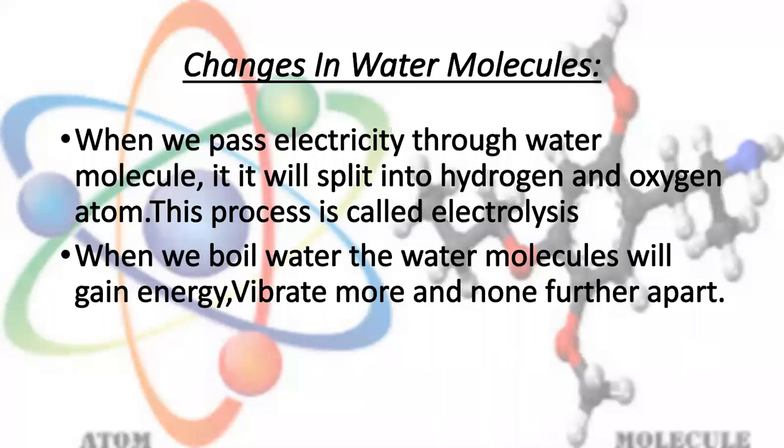We do this process in the laboratory. We can't do this process at home or in the school library. There are school labs, laboratory. Whenever we pass electricity through a water molecule, it will split into hydrogen and oxygen atoms. And this process is called electrolysis.